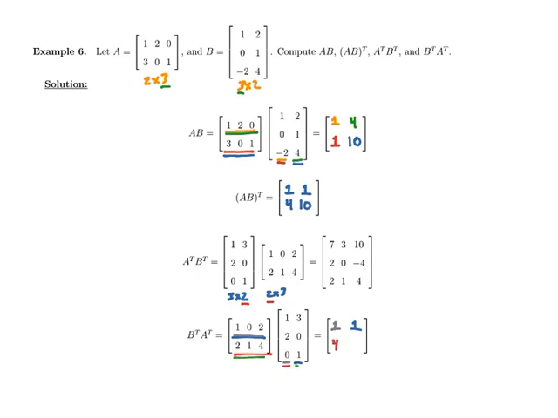And 2, 1, 4 times 3, 0, 1 will give us a 10. And it is not a coincidence that these are equal. In fact, in general, AB transpose will be equal to B transpose A transpose. And let's look at that on the next slide.